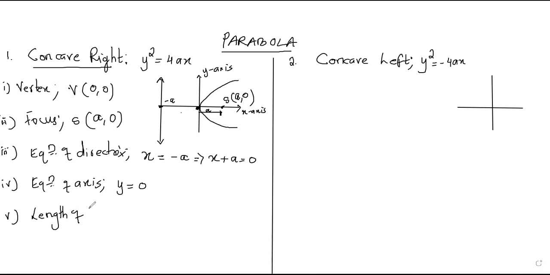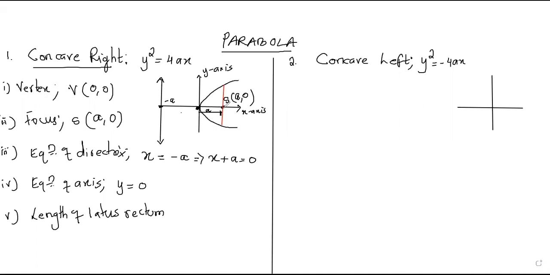Length of latus rectum. Now, what is the length of latus rectum? The latus rectum is the line which passes through the focus. If I happen to draw, this red line becomes the latus rectum.